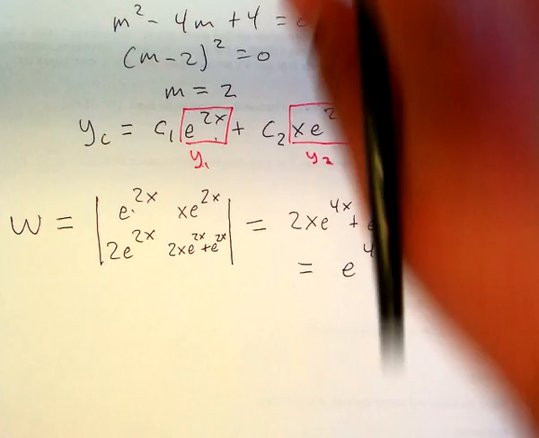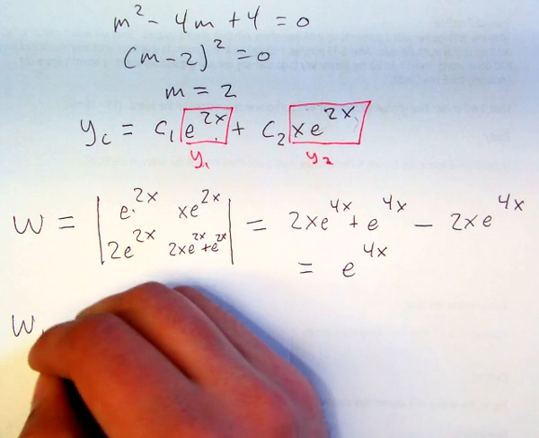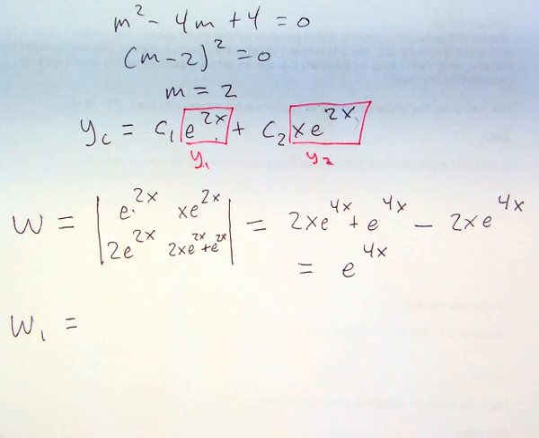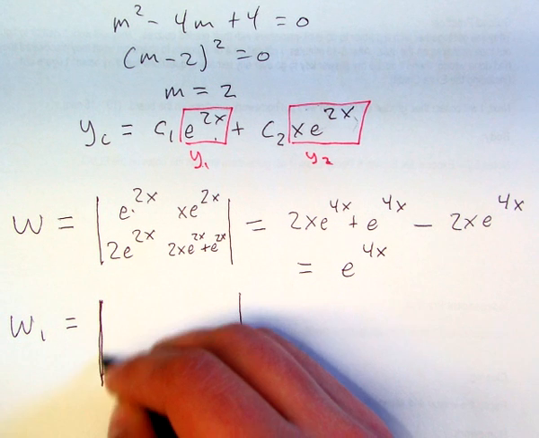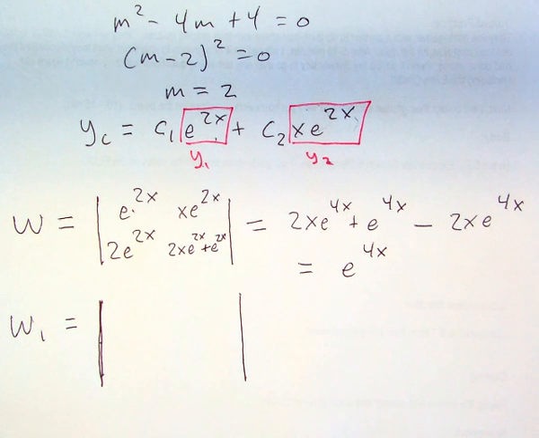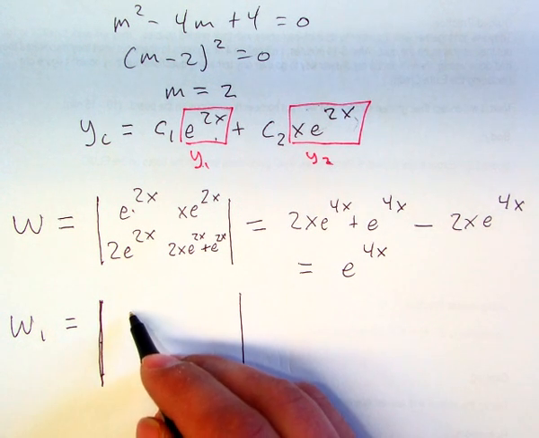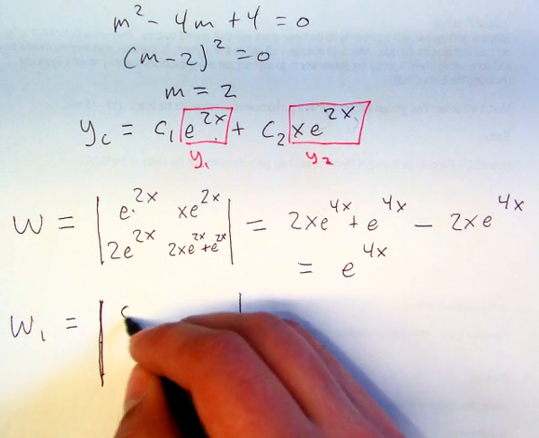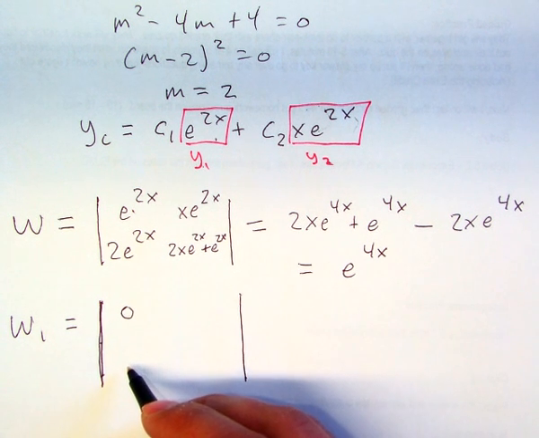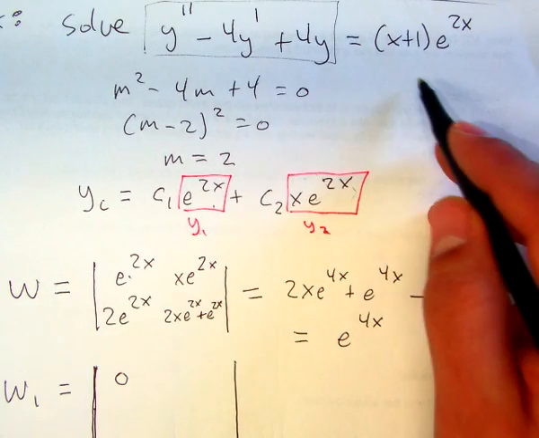So now we find w1. We simply do what in this first column? 0. And what's f of x? Good. So x plus 1 e to the 2x.